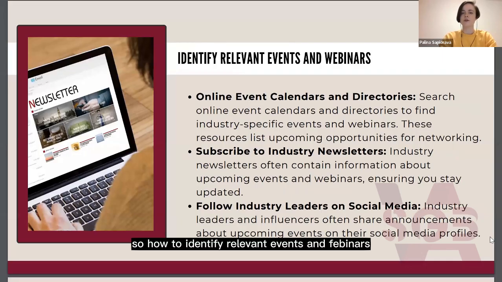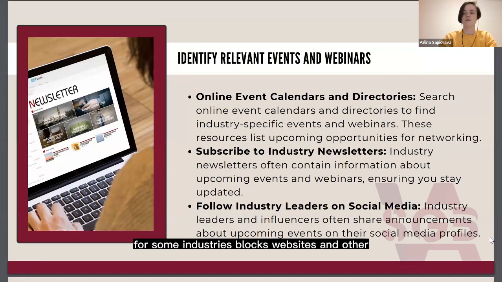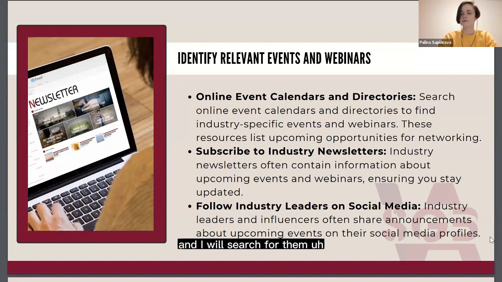So how to identify relevant events and webinars? Because sometimes on industry-specific blogs, websites, and others, you can find a lot of information about events, webinars, and other. So how to identify those relevant for you? Well, you can use online event calendars. For example, search for them, and they will show you some industry-specific events and webinars.